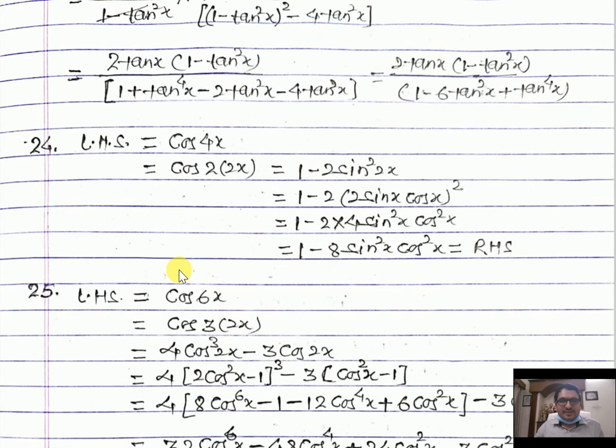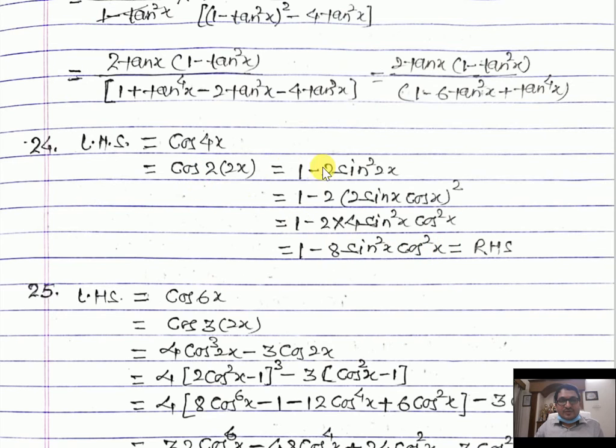Question number 24, similar problem, cos 4x. We don't know the formula for cos 4x, but we know the formula for cos 2x, so you can write 4x as 2 into 2x, this 2x as a. See, the right hand side we have to bring in terms of sine and cos, and it's written as 1 minus 8 sin square x cos square x.